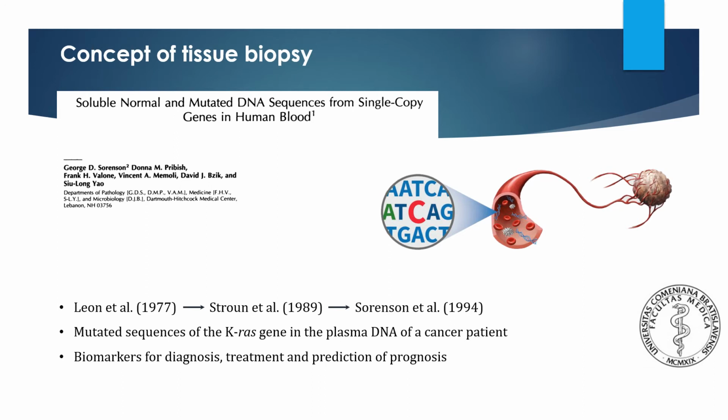And more so, it was observed that a mutated KRAS gene sequence was detectable in the plasma cell-free DNA derived from pancreatic cancer patients, and this particular KRAS mutation was then found in the tumor tissue of the actual patient.